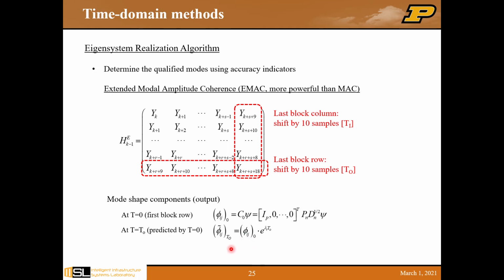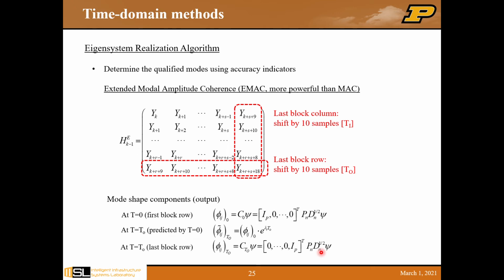We can also predict the mode shape components at time T equal to TO, which is equal to phi ij0 times e to the lambda i times TO.